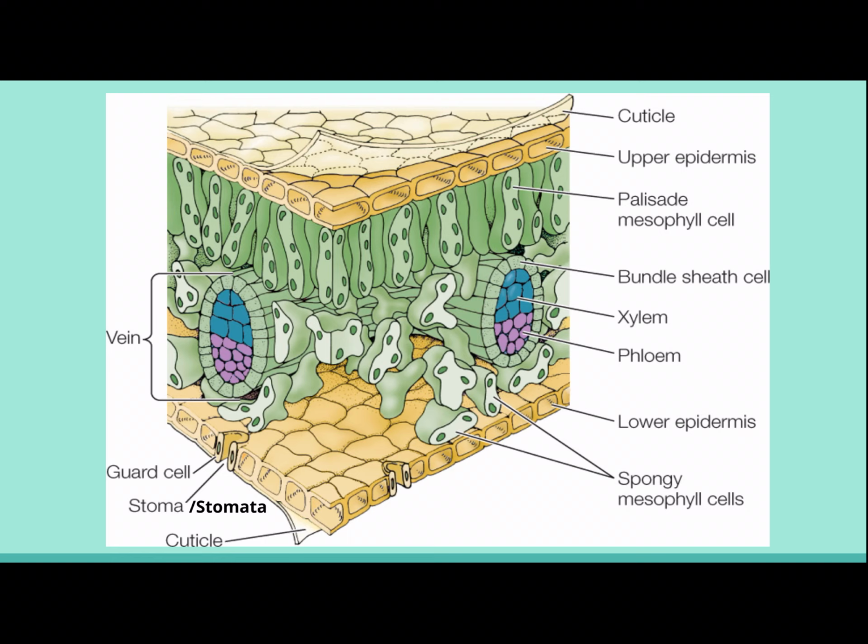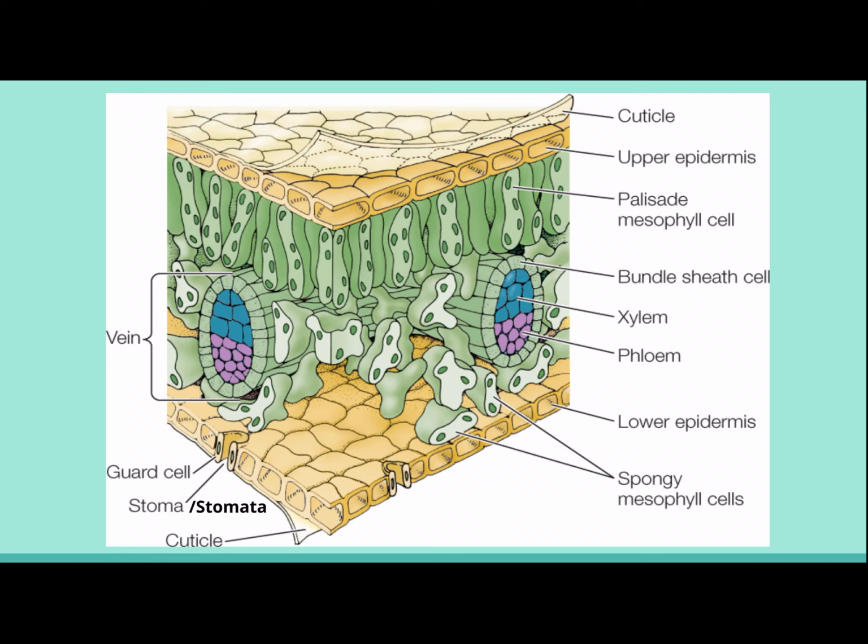Now, photosynthesis does occur throughout the spongy mesophyll cells, but not as much as in the palisade mesophyll cells, because that is where the sunlight is hitting directly, the upper side of the leaf. The spongy mesophyll, they are just irregularly shaped, kind of scattered throughout the rest of the inside of the leaf.